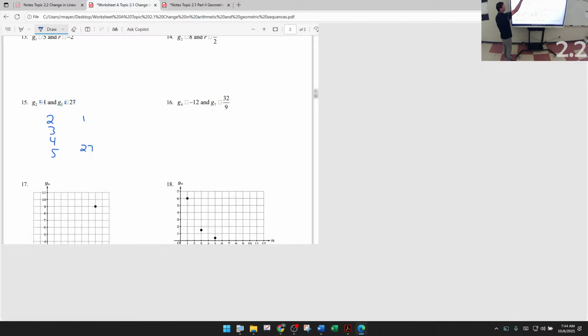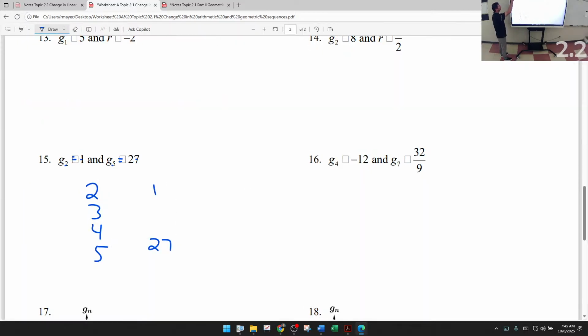So now we'll go back to this worksheet. 27 divided by 1 is 27. And there's 3 between it, so we're just going to take the cube root of it. R is 3.